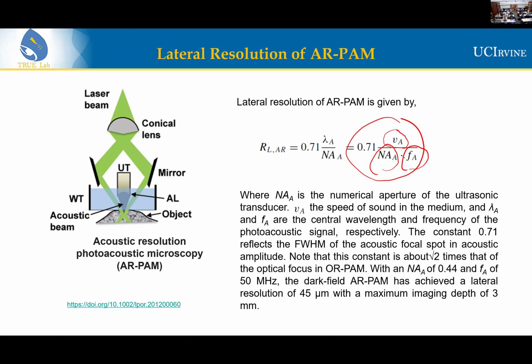Typically, for example, I will give you one idea. If you have an NA of 0.44 and you're using a 50 megahertz ultrasound transducer, very high frequency, you roughly achieve 45 micrometers resolution. But in this case, we have a better imaging depth, around 3 millimeters.